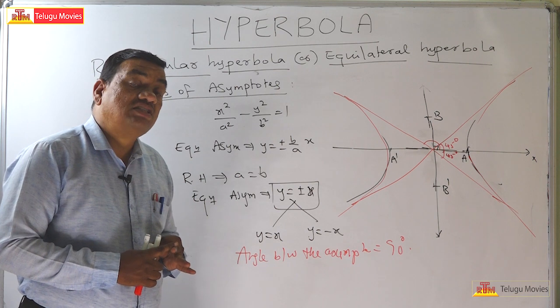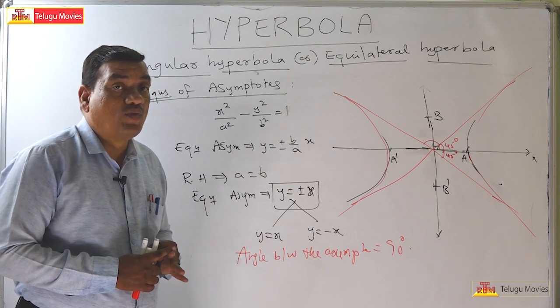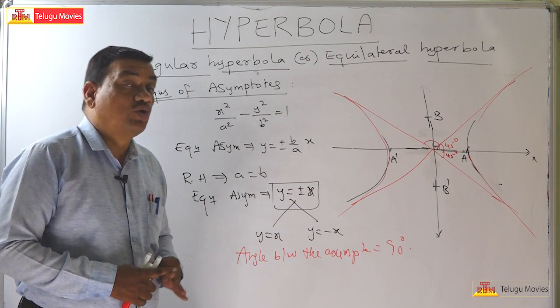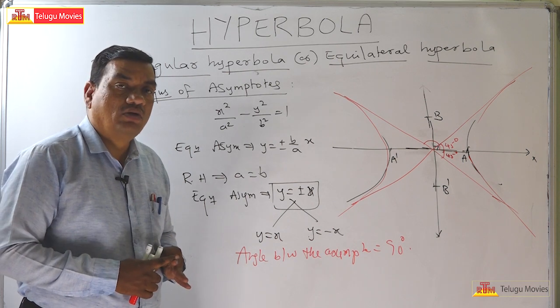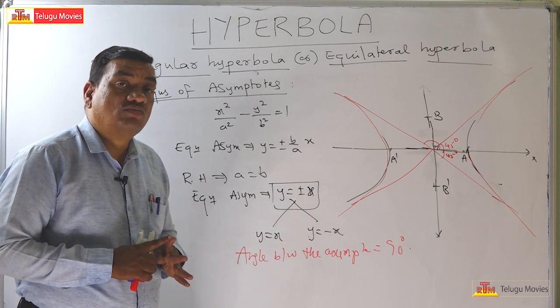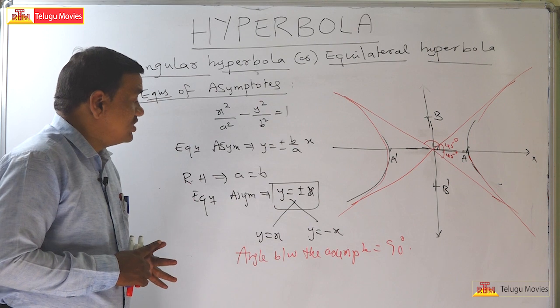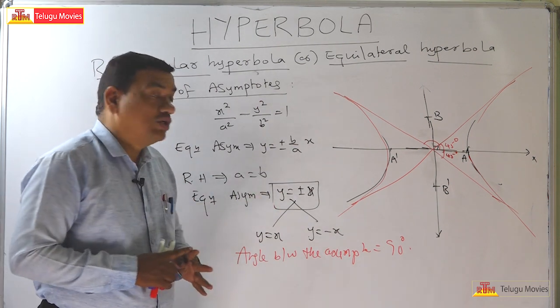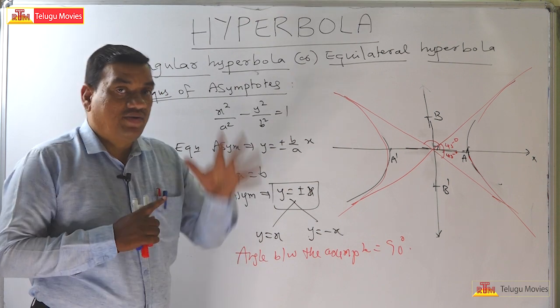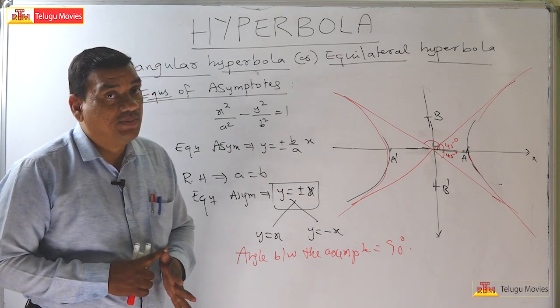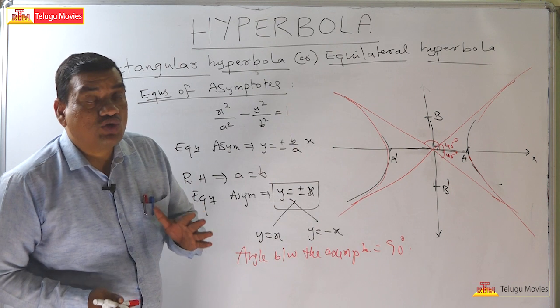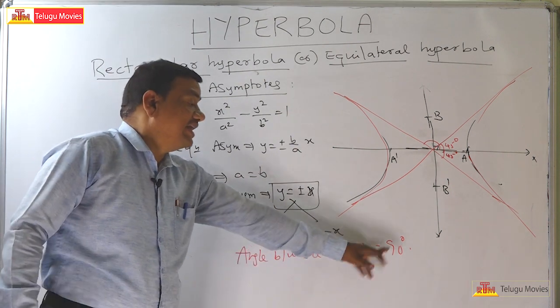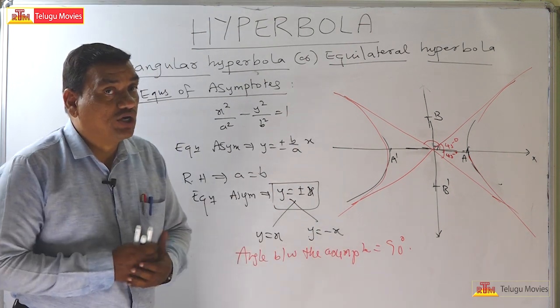Third, the equation of the rectangular hyperbola is x square minus y square is equal to a square. Fourth, the equations of the asymptotes of the rectangular hyperbola are y is equal to plus or minus x. And the fifth one is, the angle between the asymptotes of the rectangular hyperbola is 90 degrees. That means both are perpendicular to each other.